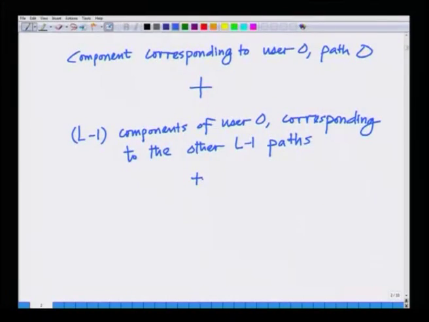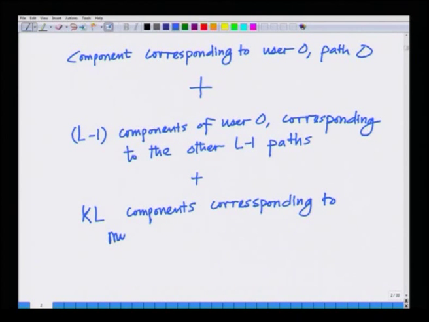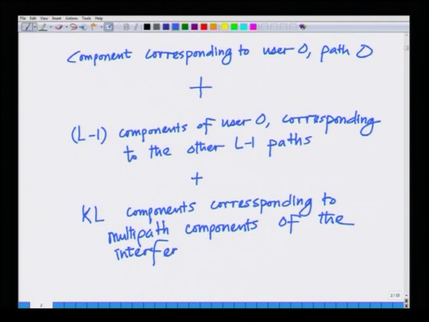Plus, remember, there is also multi user interference, hence there are plus KL components corresponding to the multipath components of the interfering users. All right.